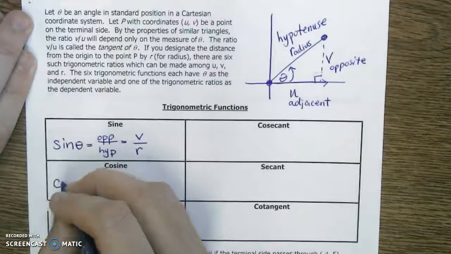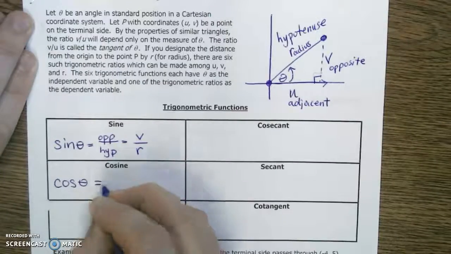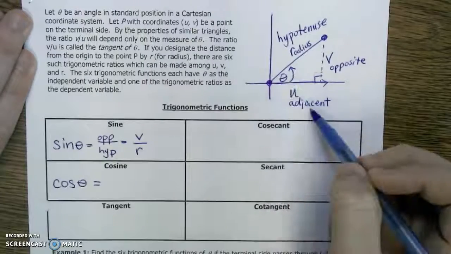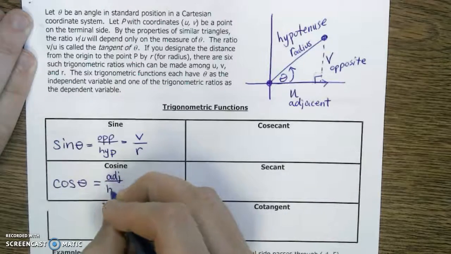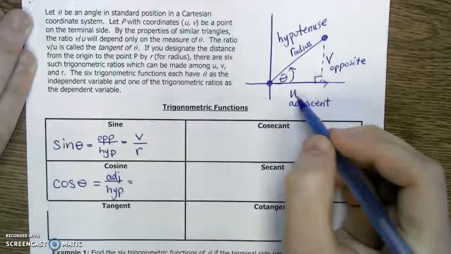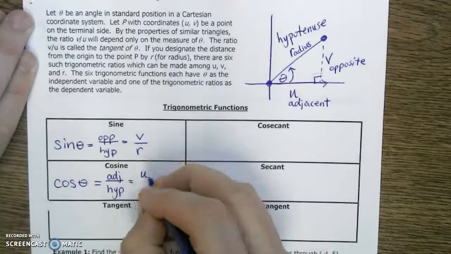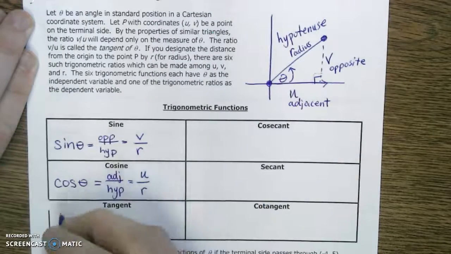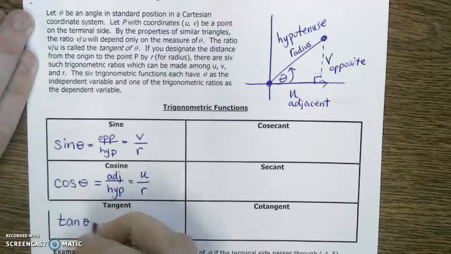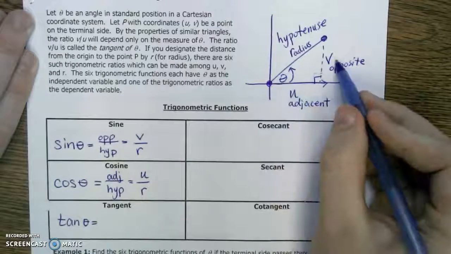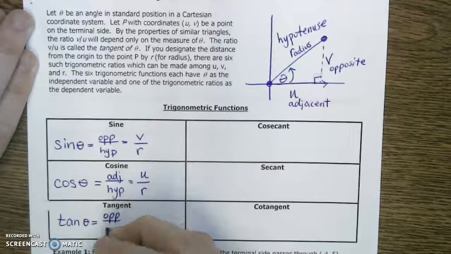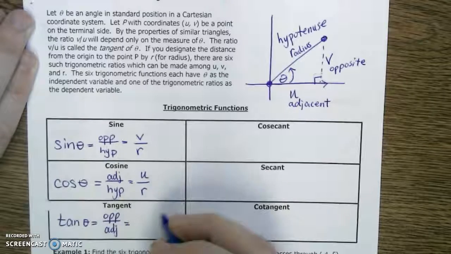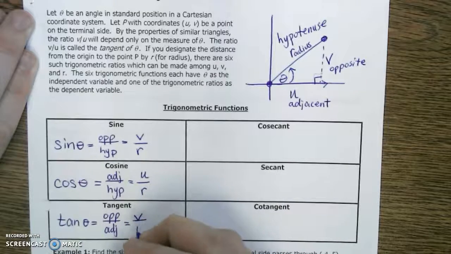Cosine, which is abbreviated COS, cosine of theta equals the adjacent side divided by the hypotenuse. In this picture, that'd be U divided by R. Tangent, which is abbreviated TAN, is the opposite divided by the adjacent. In the picture, that would be V divided by U.